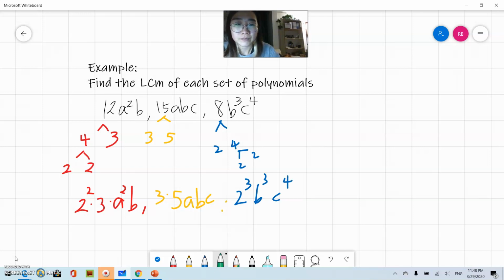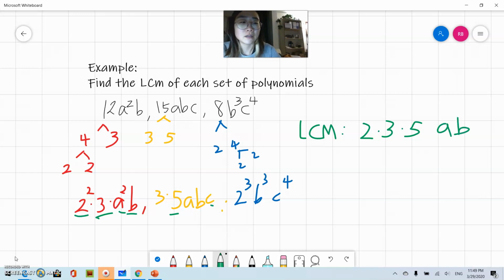So for the LCM, again, we write everything that we see. I see 2, I see 3, I see 5. I'm just skipping over to write the numbers first. I see a, b, and c. Now we look at the power. What's the highest power for 2? 2 cubed, so write cube. Highest power for 3? 1.